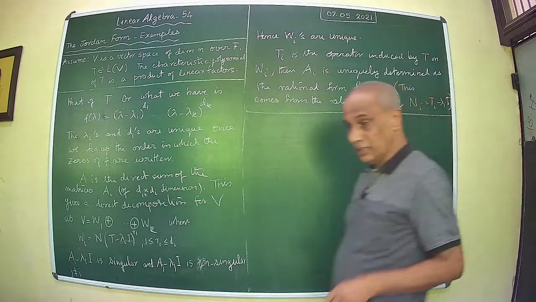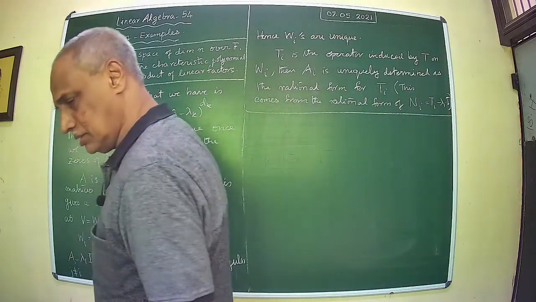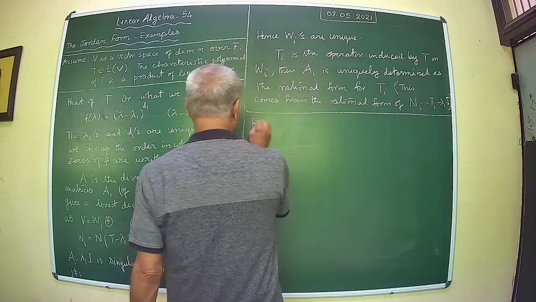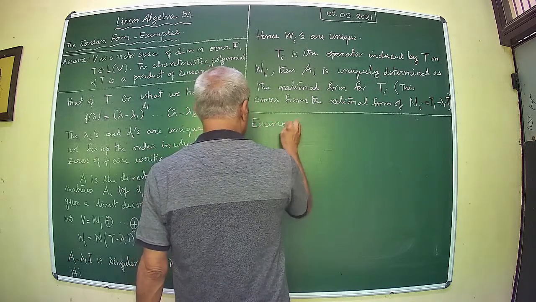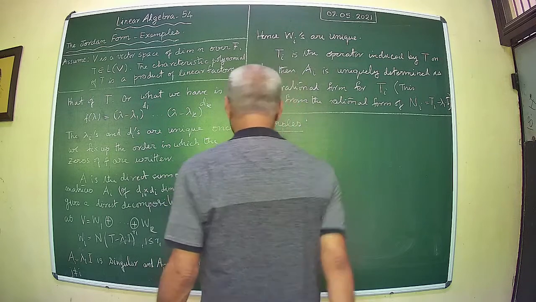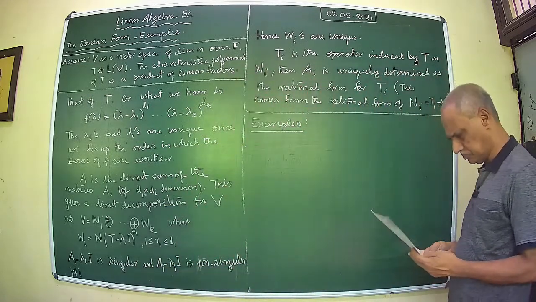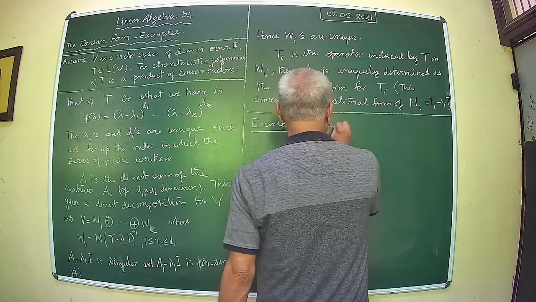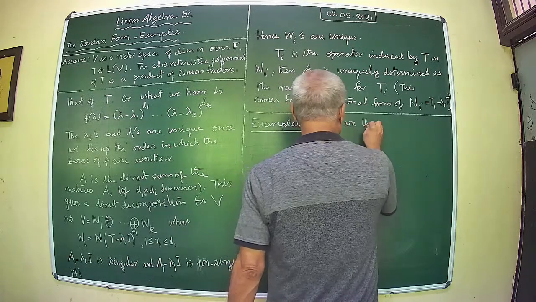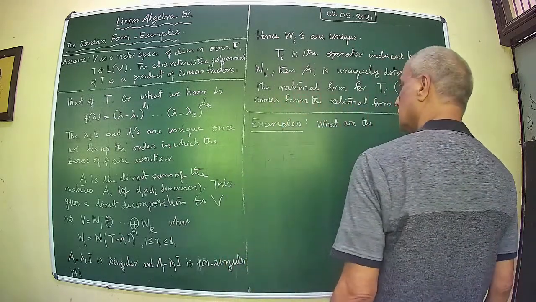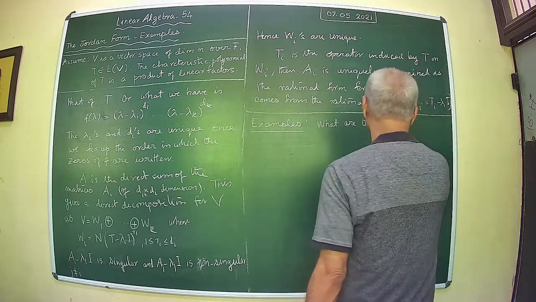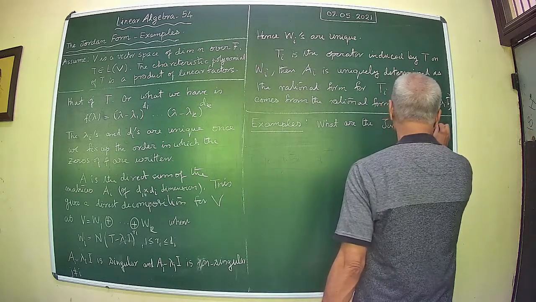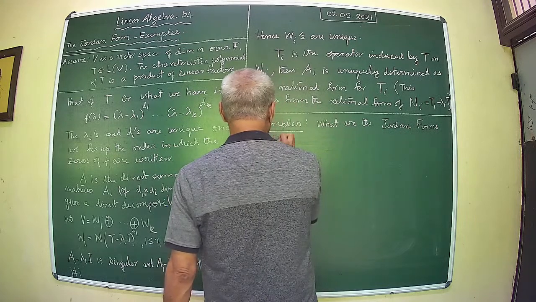Okay. Now we look at some problems related to this, which will throw some light or insight into this. First question is what are the Jordan forms of T belonging to.